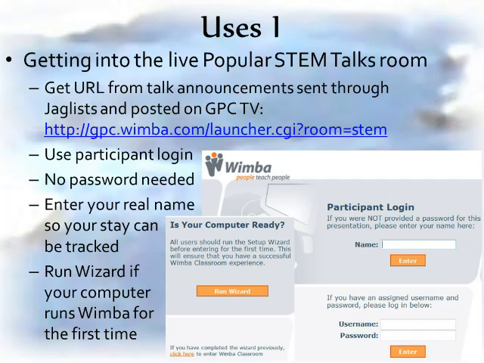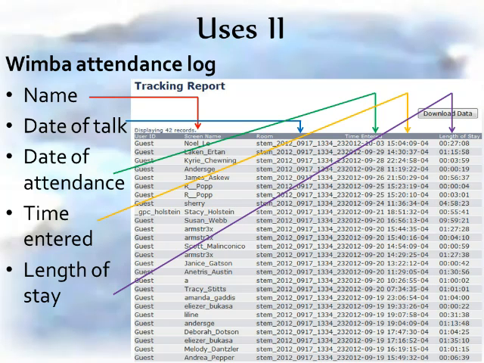And usually what I say in my announcement is, log in with your real name, because if your instructor gives extra credit, you have to be able to be identified. And if people have never run WIMBA on their computer before, they want to go through the WIMBA setup wizard. It just takes a couple of minutes. So if you attend the talk for the first time, then you want to take maybe 10 minutes earlier to run the wizard.